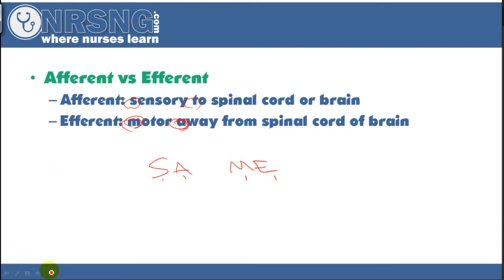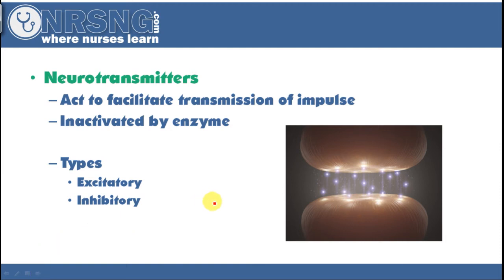In order to allow for those impulses to travel, we have what are called neurotransmitters. What they do is they play a role in facilitating the transmission of these impulses. This is just a little picture here. This obviously isn't a real picture, it's just an illustration. We have this synaptic cleft between these two little axons.